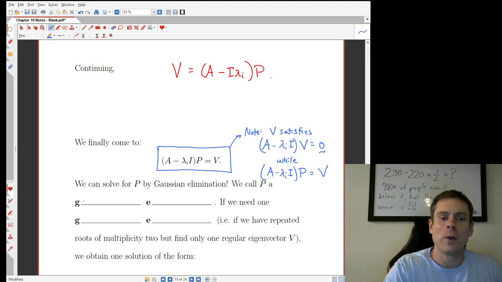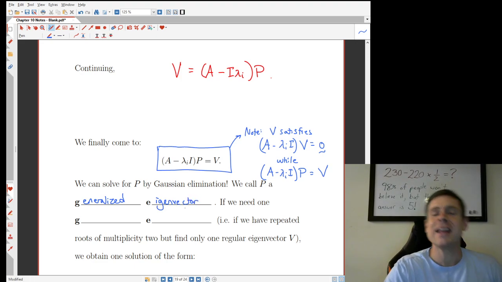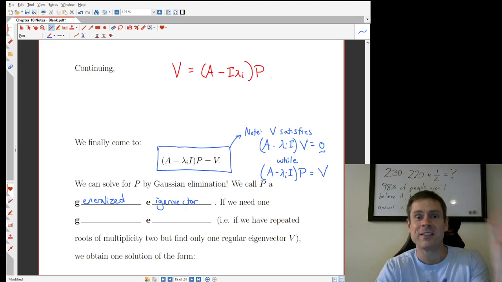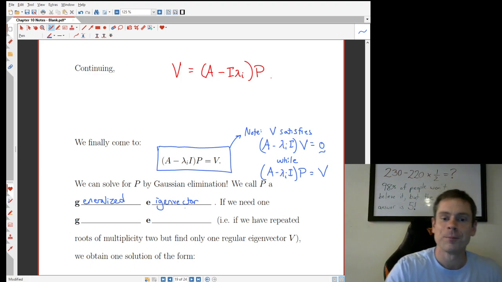p is called a generalized eigenvector. And it exists as part of this solution, as a second sort of linearly independent piece that hits an exponential, while the v is in front of the t e to the lambda t term.